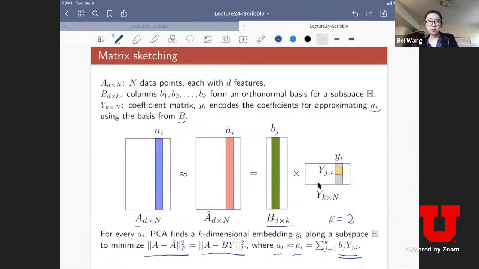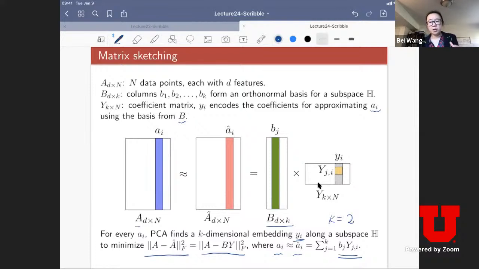So this is basically a formulation of PCA in terms of reducing the Frobenius norm, which is also trying to find the corresponding embedding, represented by lowercase y_i, along this subspace. Okay, so this is a formal formulation of what PCA does.